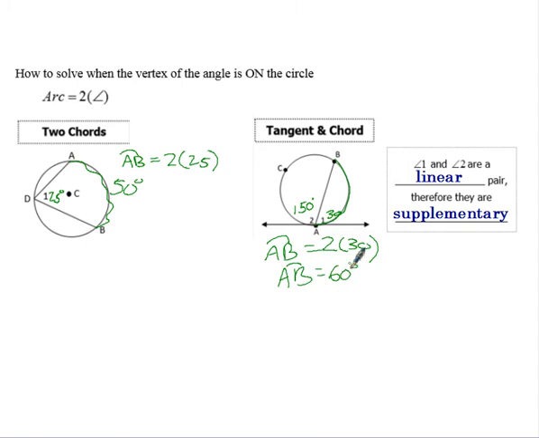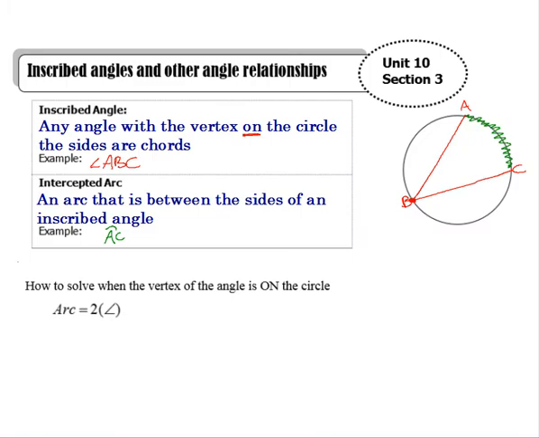Another approach is if I know this is 60 degrees and I asked you to find arc ACB, the major arc, I can just do 360 minus 60. That tells me this part here is equal to 300. And if you notice, 300 divided by 2 is equal to 150. So 2 times the angle equals the arc. It all works out.